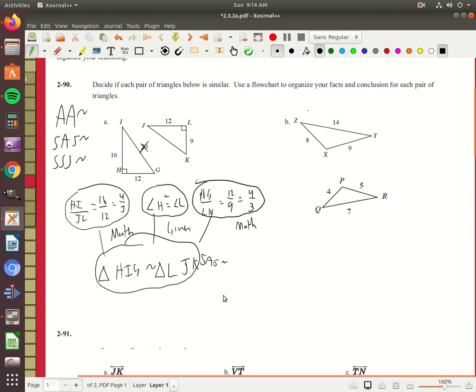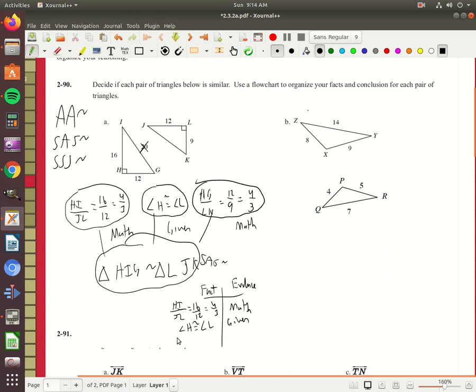And like I said, if you wanted to, you could have done the same thing with a proof. In a proof, you have the fact here and the evidence here. What I would have said is HI over JL, which is 16 over 12, which is 4 over 3 because of math. I would have said angle H is congruent to angle L because of given.